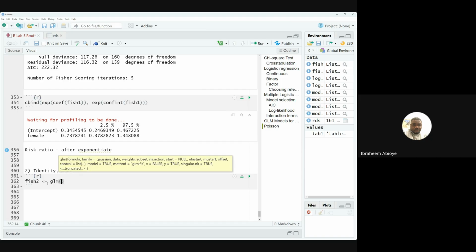It's a GLM model. So we have this count variable, and we want to see whether the number of children that females have differs from the number of children that males have.